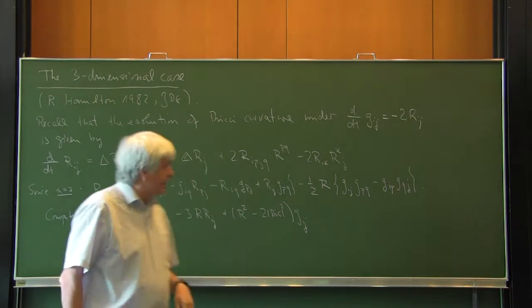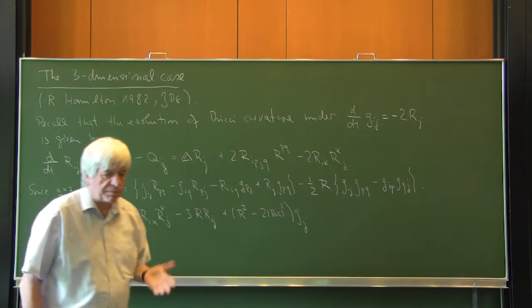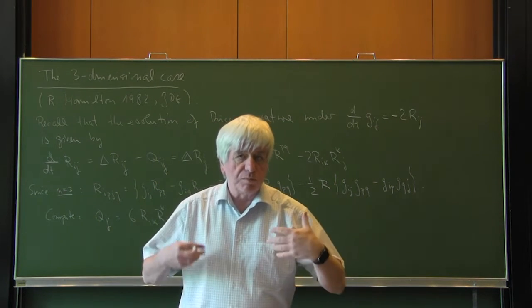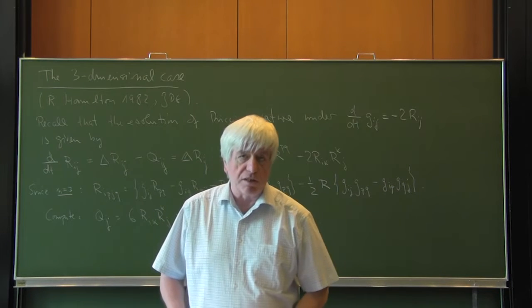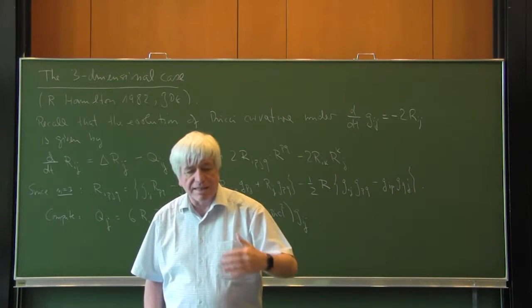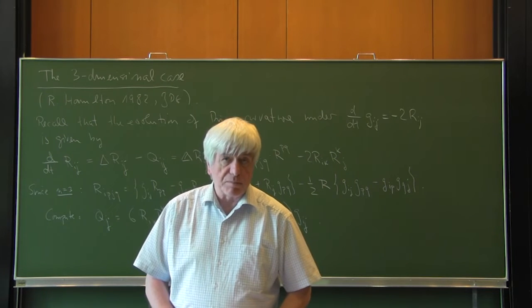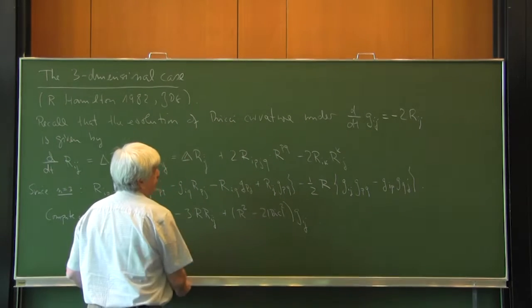We want to use the maximum principle, but the classical maximum principle is just a maximum principle for scalar functions. So in order to prove a maximum principle telling us that positive Ricci is preserved, we have to extend our classical maximum principle for scalar functions to a maximum principle for tensors. And that's the next step.